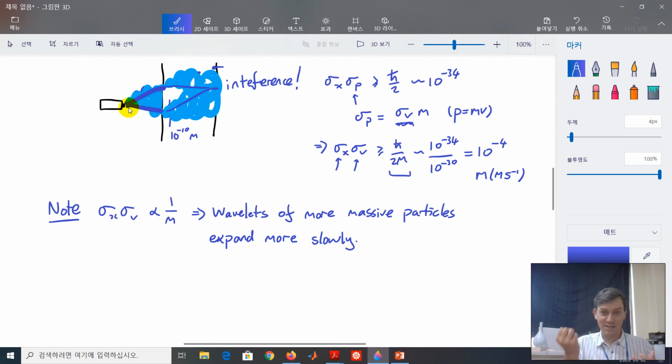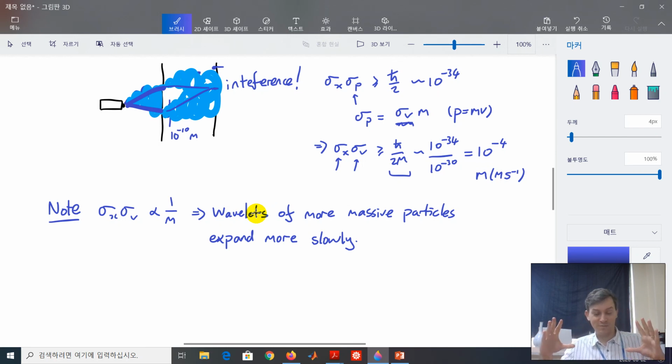If you think about a tennis ball, firstly, you never want to measure the position and velocity of this tennis ball with such a high accuracy. And secondly, because it has a large mass, really to treat it quantum mechanically, you should write down a wave function for this tennis ball, for this macroscopic object. But it's possible that this wave function as a wavelet just looks exactly like a classical particle.